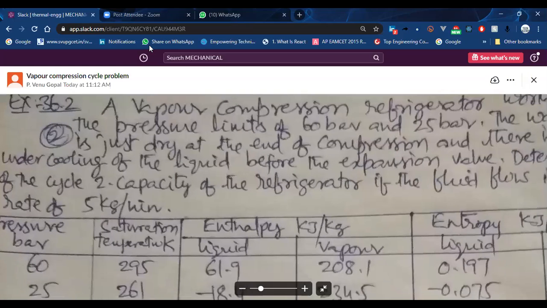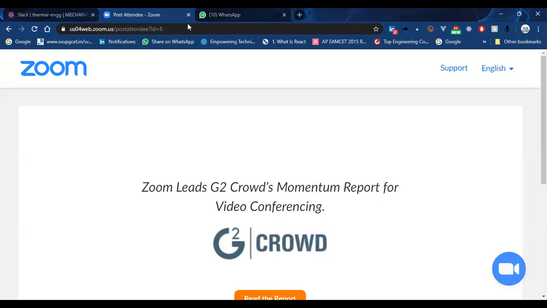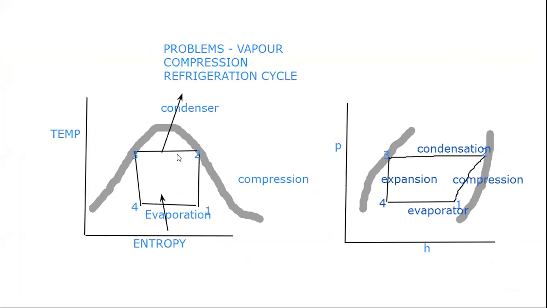If you look at our whiteboard, where can you see the maximum and minimum pressure? Maximum pressure you have to see in the pH diagram. The maximum pressure is happening at process 2 to 3, right? So that is 60 bar, and minimum pressure is occurring at process 4 to 1.